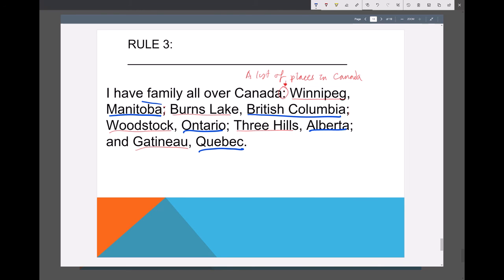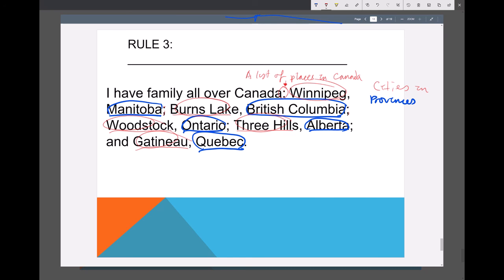So Manitoba, British Columbia, Ontario, Alberta, and Quebec are your provinces. And then Winnipeg, Burns Lake, Woodstock, Free Hills, and Gatineau, those are your cities. So these are cities in provinces.